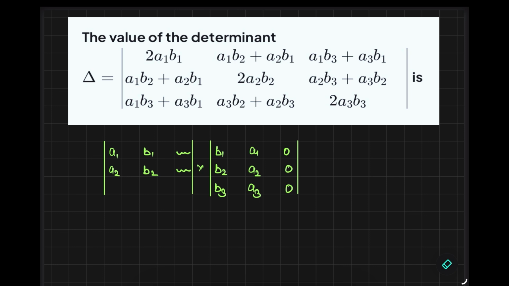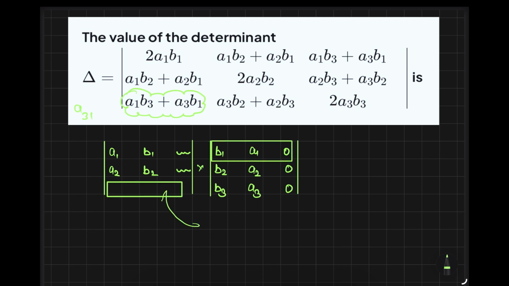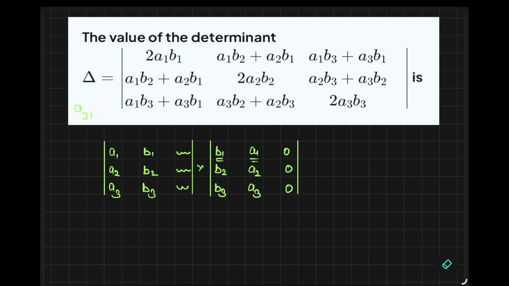Is that okay? Now take help of this thing. So this is a31. Now be very careful. With b1 you want a3, so here a3. With a1 you want b3, and here you can put anything.